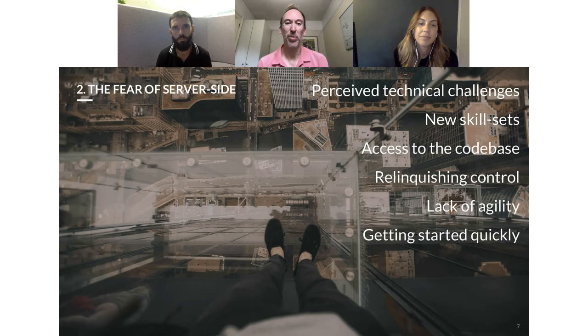And I suppose the last point really was this kind of relinquishing control again. I was speaking to a large retailer, and the optimization team were very nervous about server side because they'd have to start talking to all their own development teams and their own product teams, and they're almost afraid of doing that.